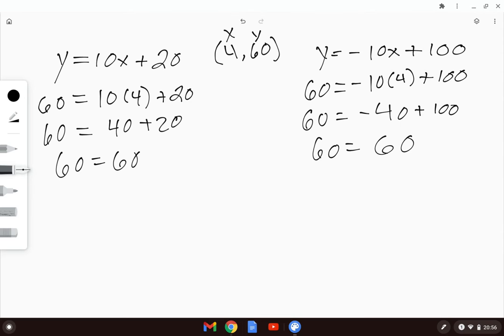Okay, so this is what we call a system of equations, and the solution to the system of equations is that ordered pair that makes both equations true.